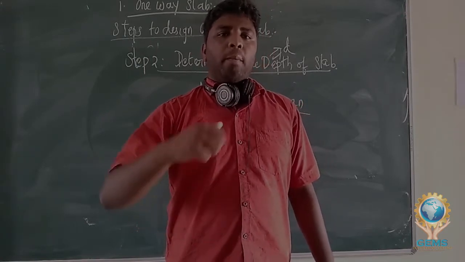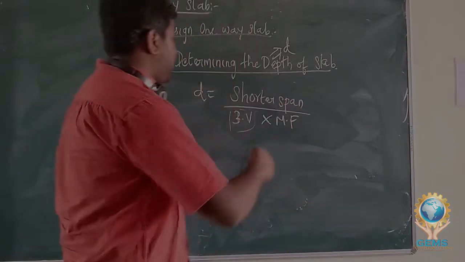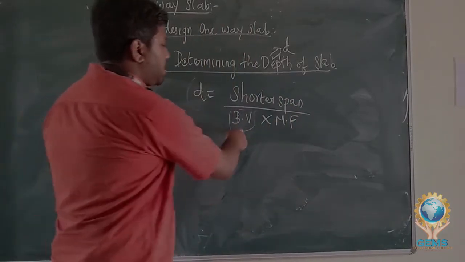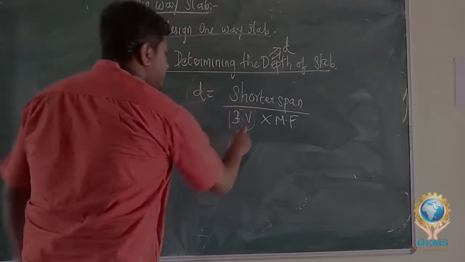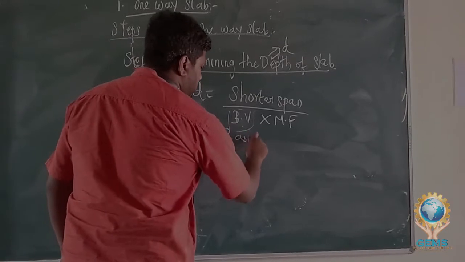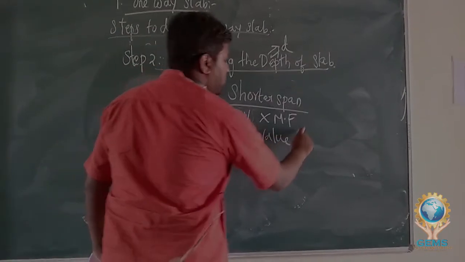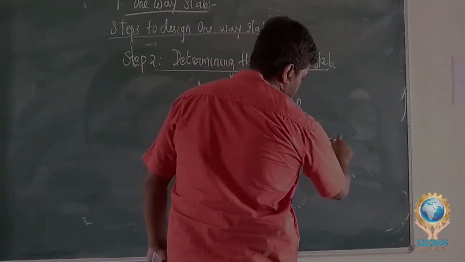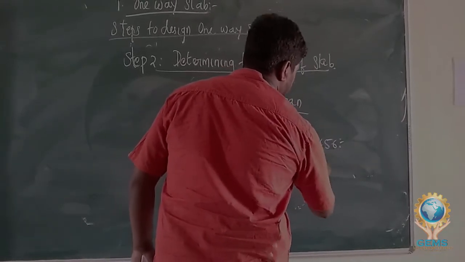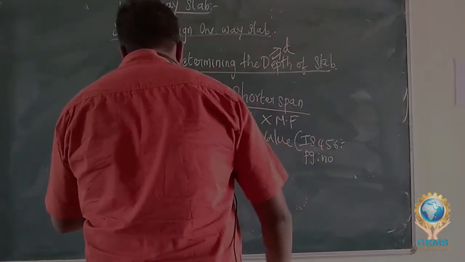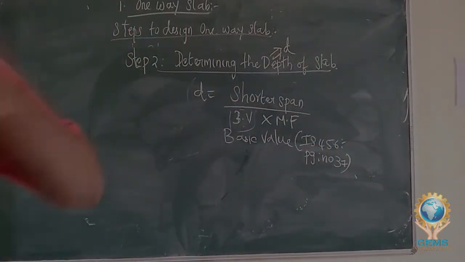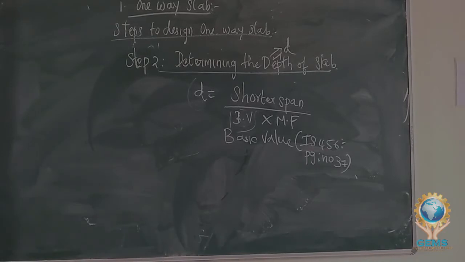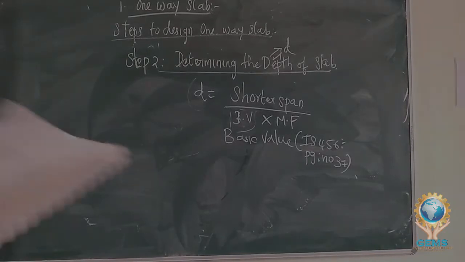So the basic values of effective depth for simply supported, cantilever and continuous beams are given in your IS 456, page number 37. I will show you in the code book so you can understand it clearly. Page number 37. You can see it here.